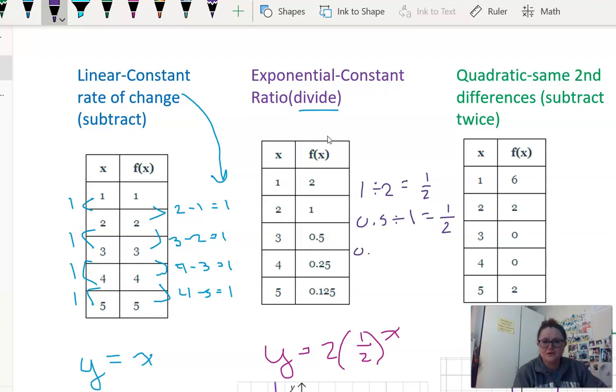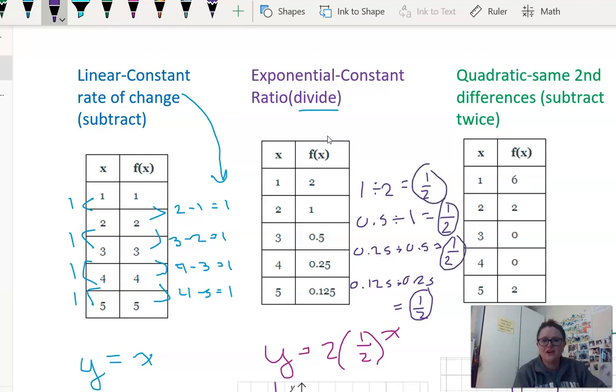Then we do 0.25 divided by 0.5, which is also 1/2. And again, 0.125 divided by 0.25, and we're going to get 1/2. So you notice as we go down, we're going to get 1/2 each and every time.